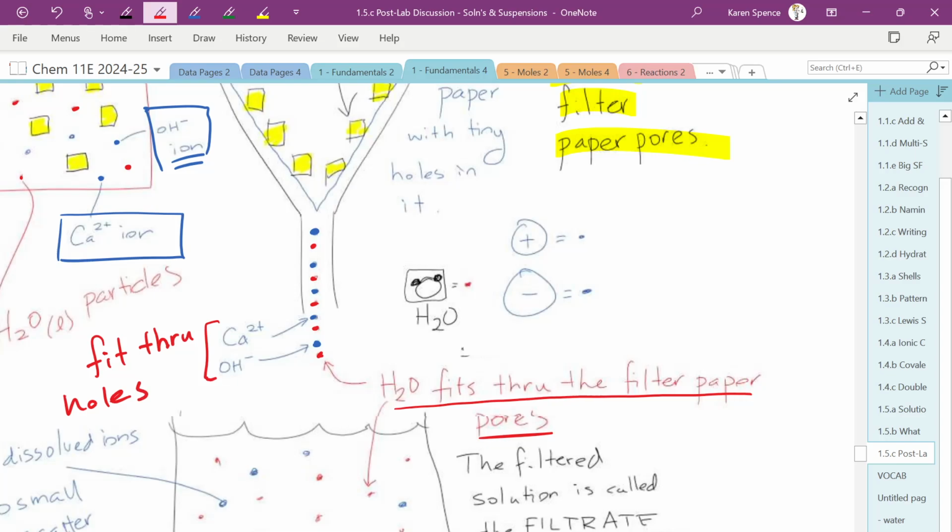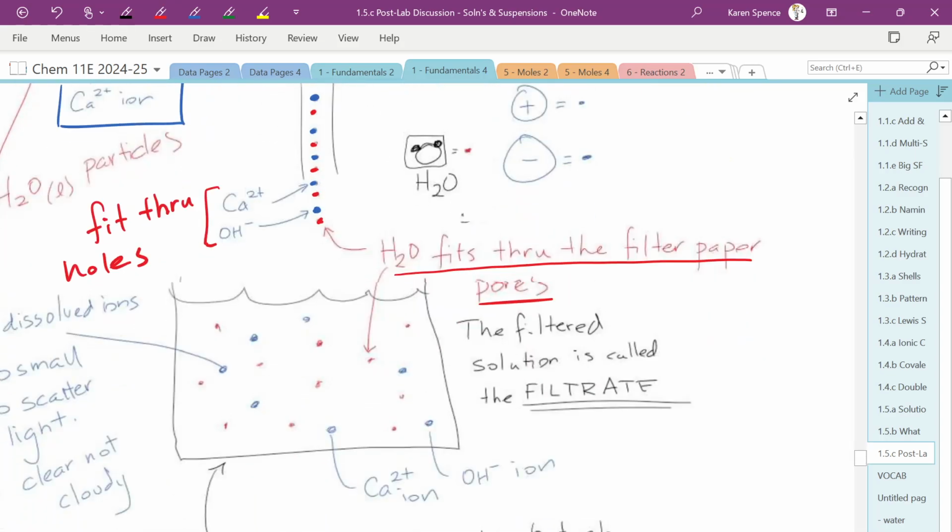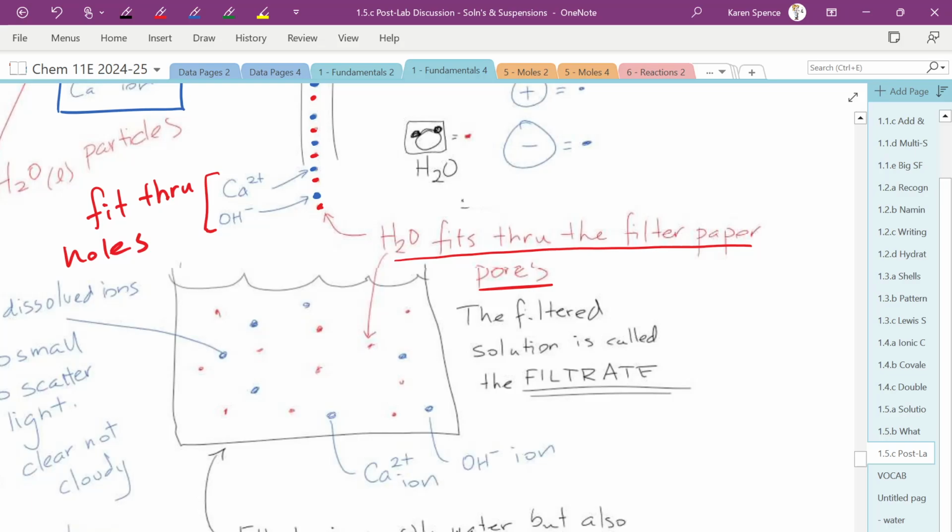And so they drip through. So once it has dripped through, what do we call that thing that has been dripped through? That is called the filtrate. And do you remember, was the filtrate clear or was it cloudy? Clear. It was clear.